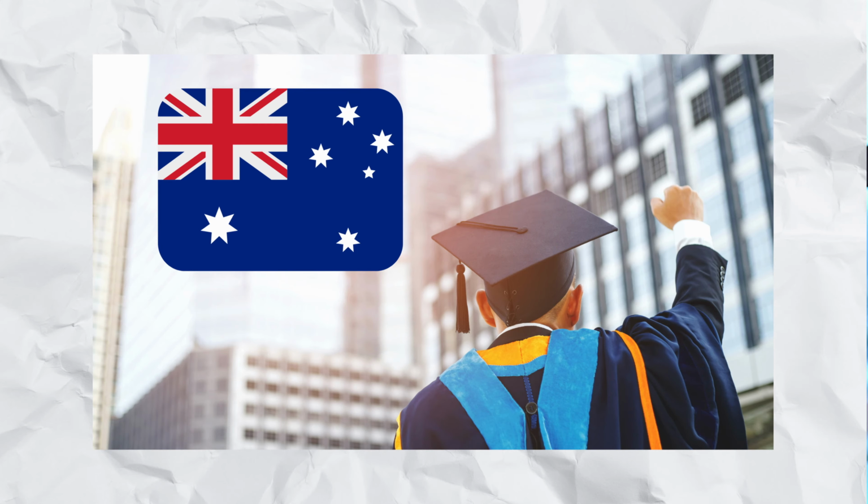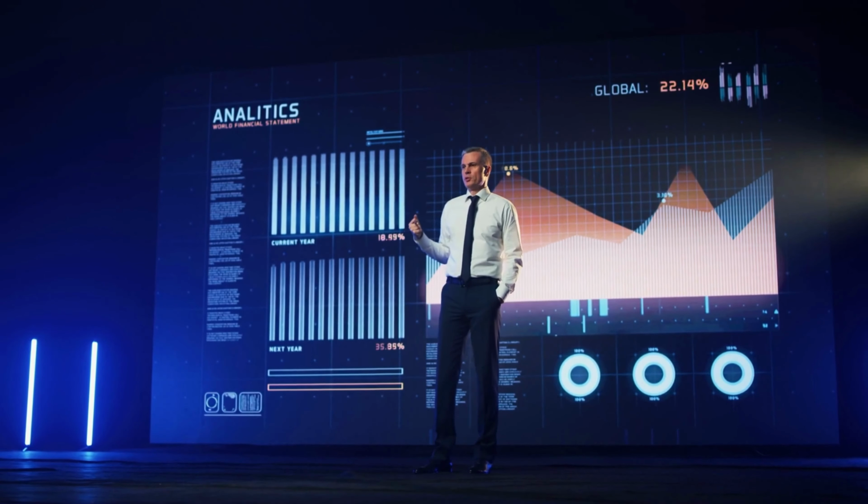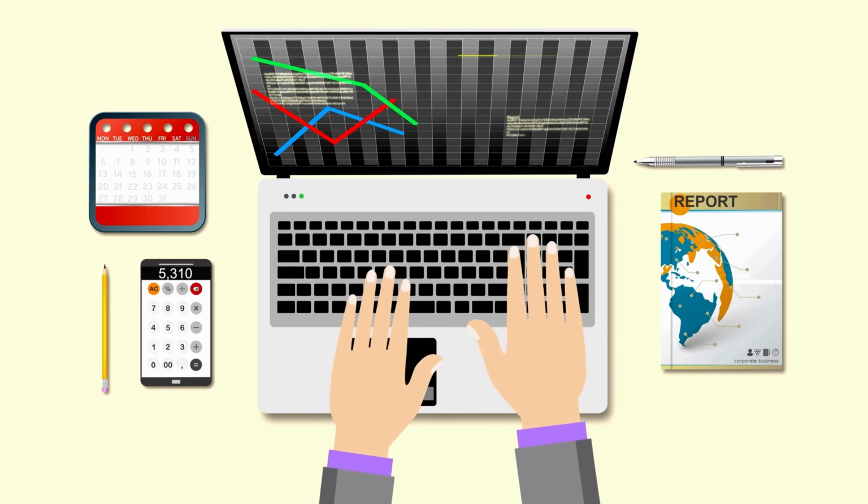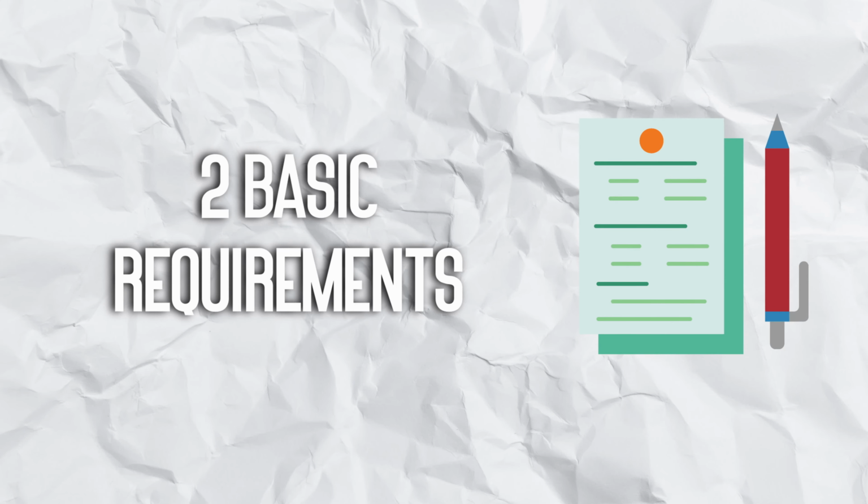If you completed that degree here in Australia, for example a Bachelor of Information Technology with a major in business analytics, then you would either have to work for 1 year as an ICT business analyst post-qualification, or complete the professional year program in Australia. Those are the two very basic requirements to be able to get a skills assessment.